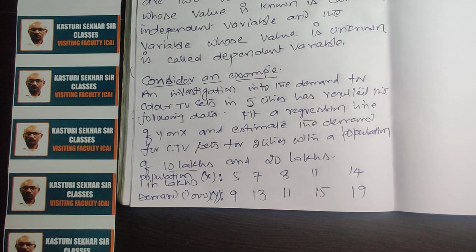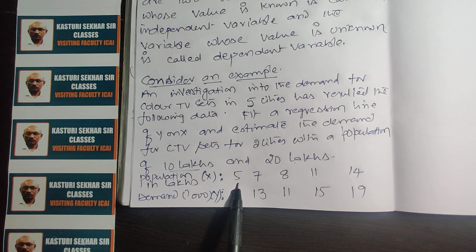Now let's go to the question. What will these numerical numbers represent? These are the observed values. What does it mean actually? When a city has a population of 5 lakhs, we observed demand for color TV sets as 9,000.